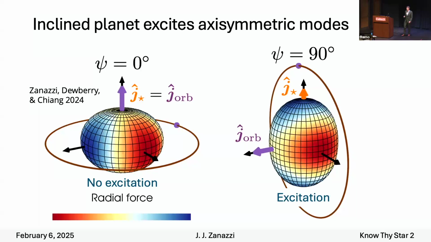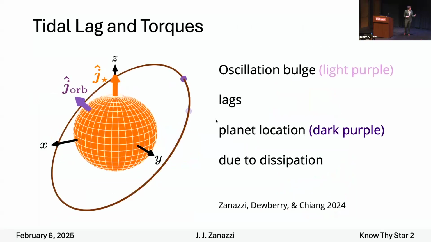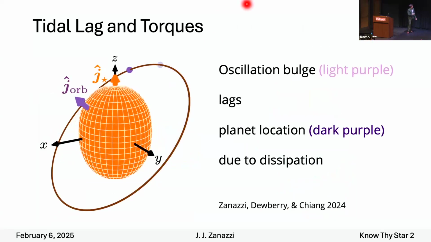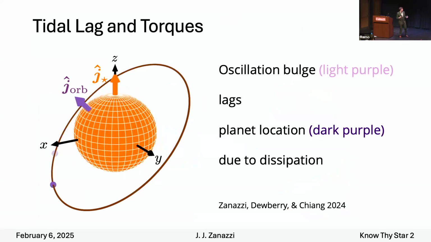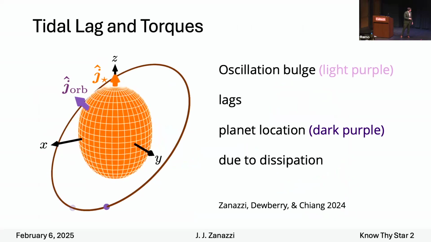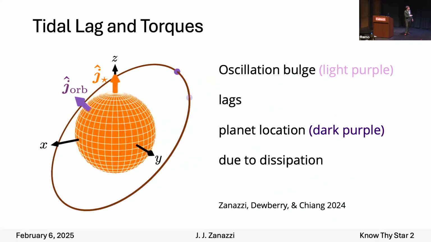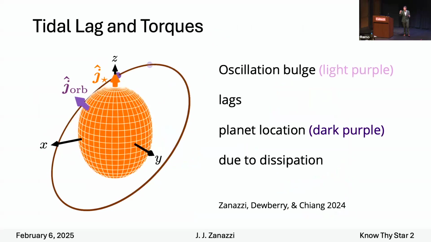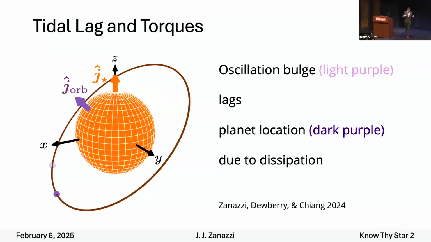Now let's figure out what it does to the spin, j hat star, right? So to do this, we're going to work in a coordinate system where the spin axis is in the z direction. We're going to tilt the orbit normal in the xz plane. And what we're going to think about is how the hot Jupiter's true location, which is the solid purple, is ahead of where the hot Jupiter exactly balances the oscillation.